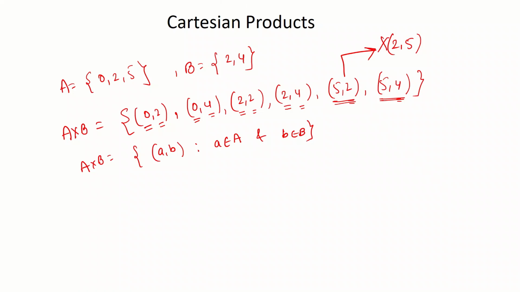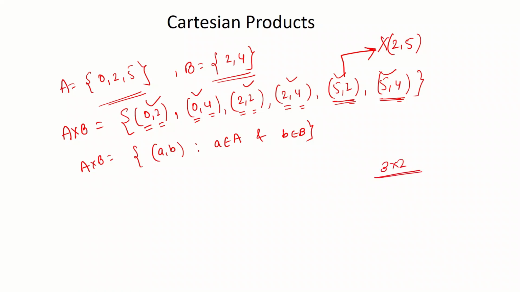So can you tell me how many elements are there in this Cartesian product of the sets A and B? There are in all 6 elements, right? 1, 2, 3, 4, 5 and 6. This is quite obvious because A has 3 elements and B has 2 elements, so the total number of elements will be 3 times 2.